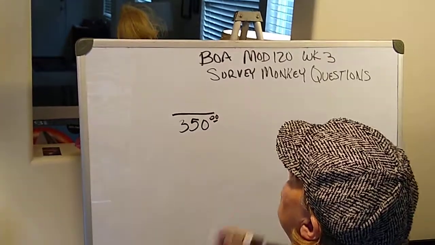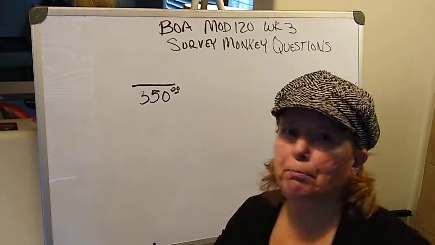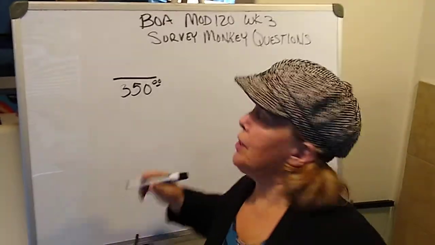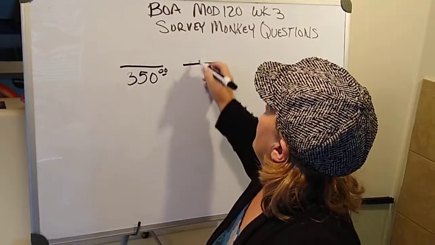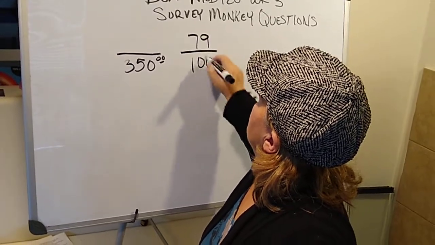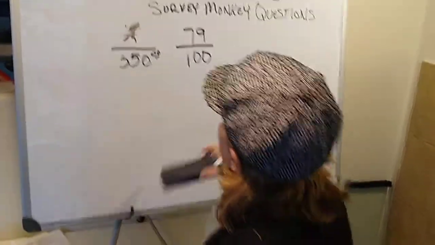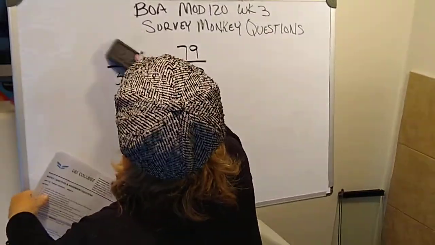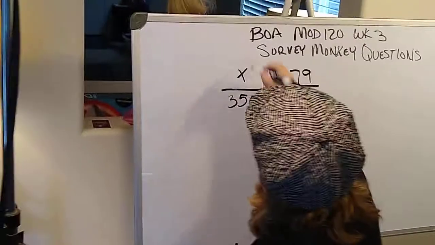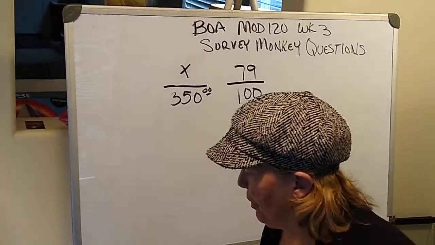I want to sell it with a markup price of 79%. So I know the percent. So remember what we do with percent. 79 over 100. And what we don't know is this information. So we're going to make our little X there. Or question mark or happy face, whatever you want to put there.